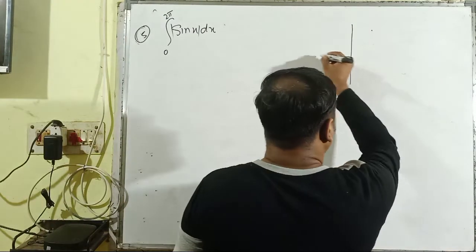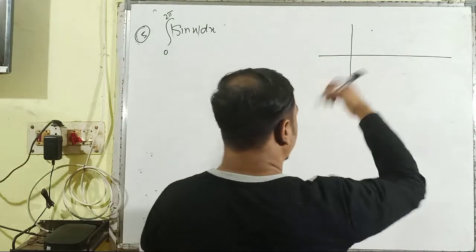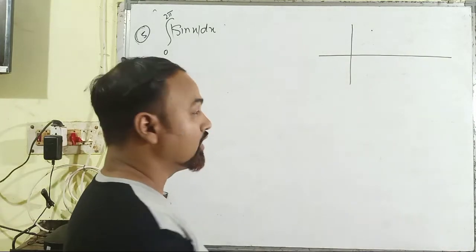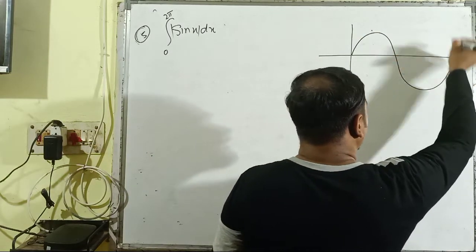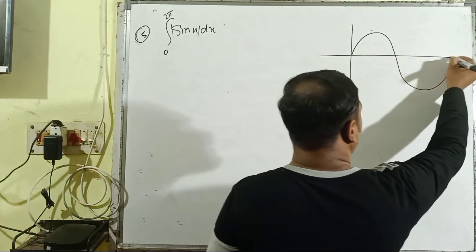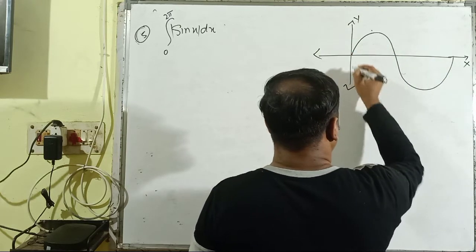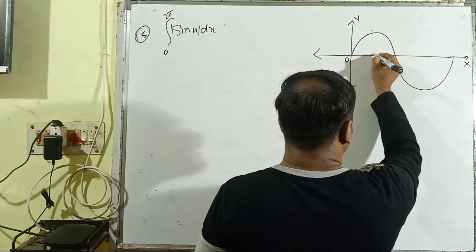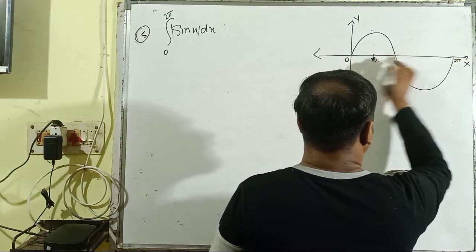Before going to the solution of this problem, let us go through the graph of the sine function, and you can see that this type of graph is there for the sine function. It is the x axis, y axis, here it is 0, here it is pi by 2, here it is pi, and here it is 2 pi.